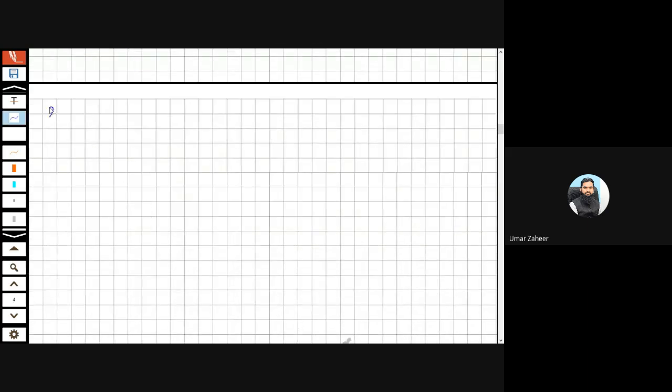Now the ninth point is, if you have any number under this sign, it is known as a surd, or sometimes we say that it is a radical sign.